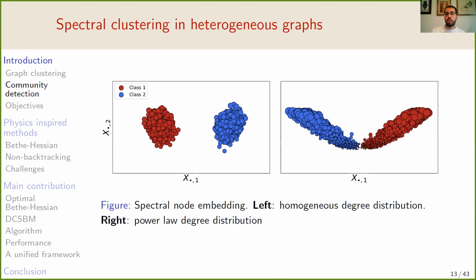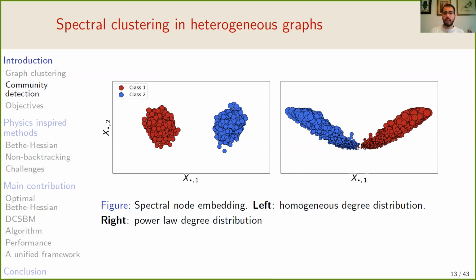The moment instead in which we have a power law degree distribution, on the right, where the size of each point is proportional to the degree of the node, we see that nodes with a small degree are mapped to nearby points in the feature space. So they're all close to the origin of the feature space. And this is a problem because what we want is that nodes with the same color are mapped to nearby points, not nodes with the same degree.